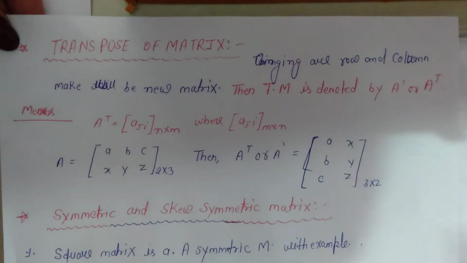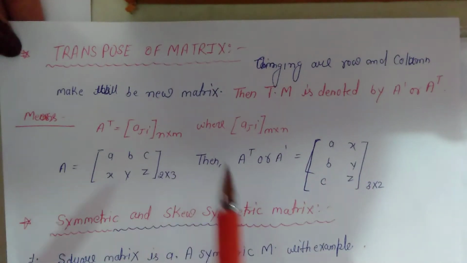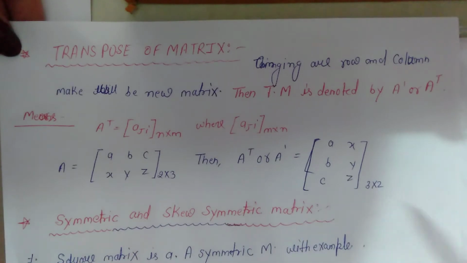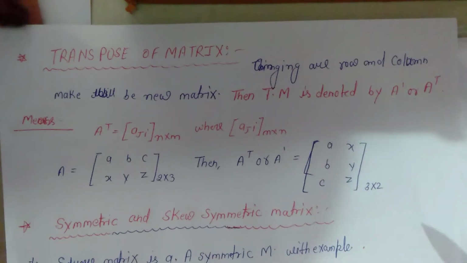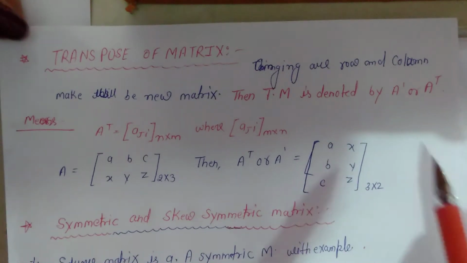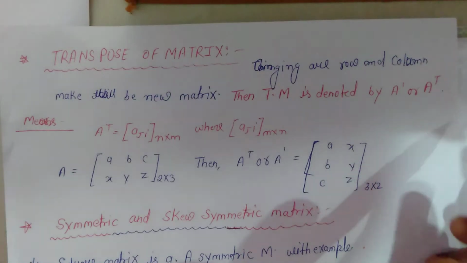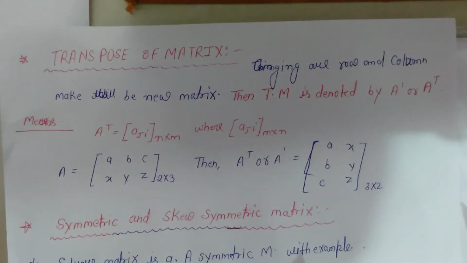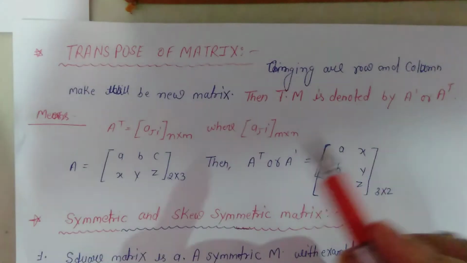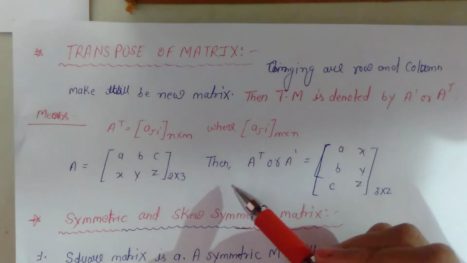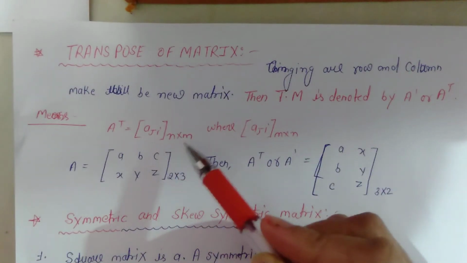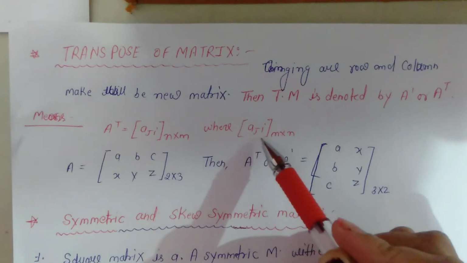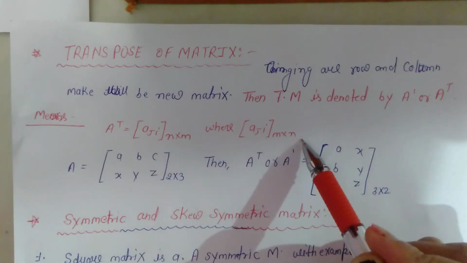Changing the rows and columns makes a new matrix, and the transpose matrix is denoted by A power T. Okay, the transpose matrix of A is denoted by A power T or A dash. Then A power T equals a_ji, an n cross m matrix, where A is a_ij, an m cross n matrix.